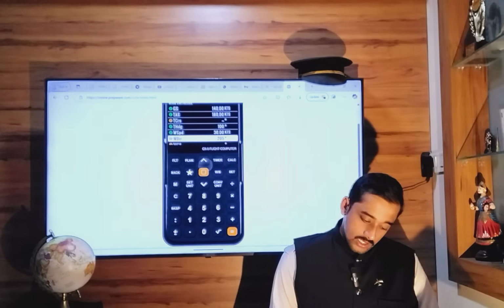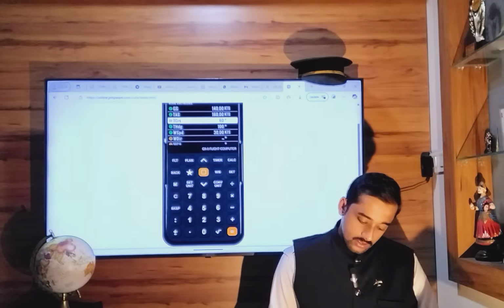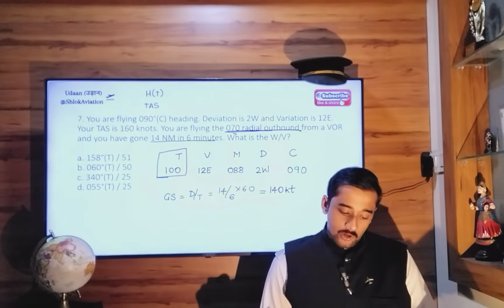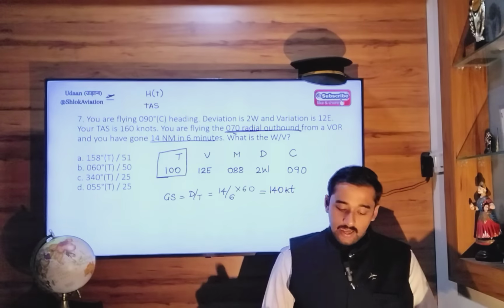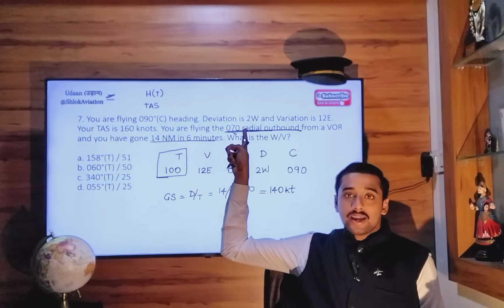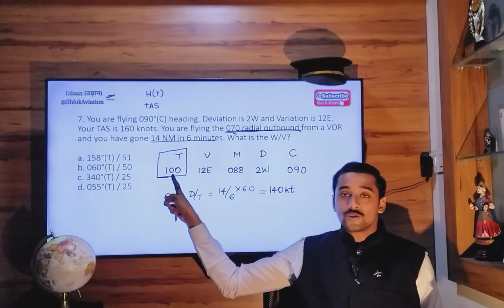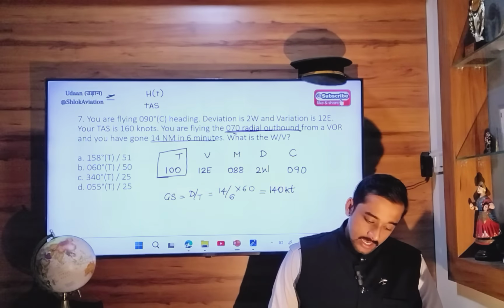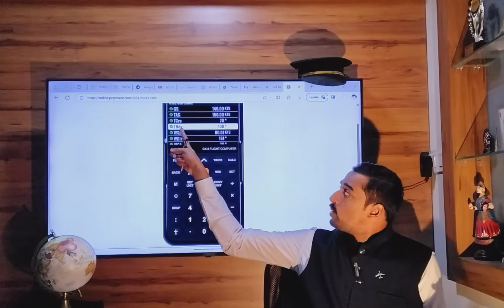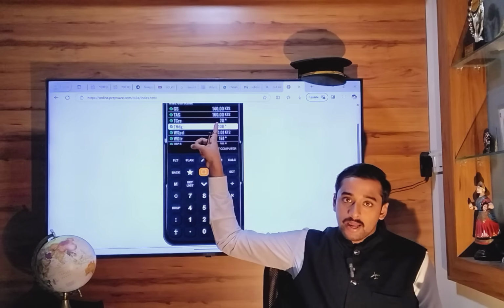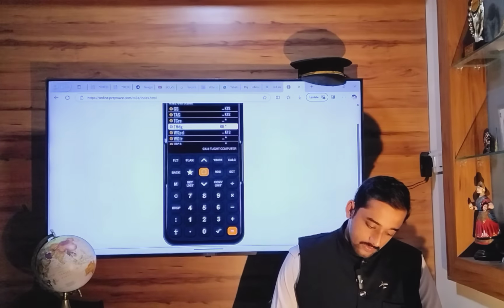So true course is 070. Now remember, one more thing I want to point out, very important. Radial 070 is magnetic, right? So you're going to use magnetic heading, not true heading. So write magnetic heading 088. Here I have written true heading 100, but the heading should be magnetic because the course is magnetic. So write 88.